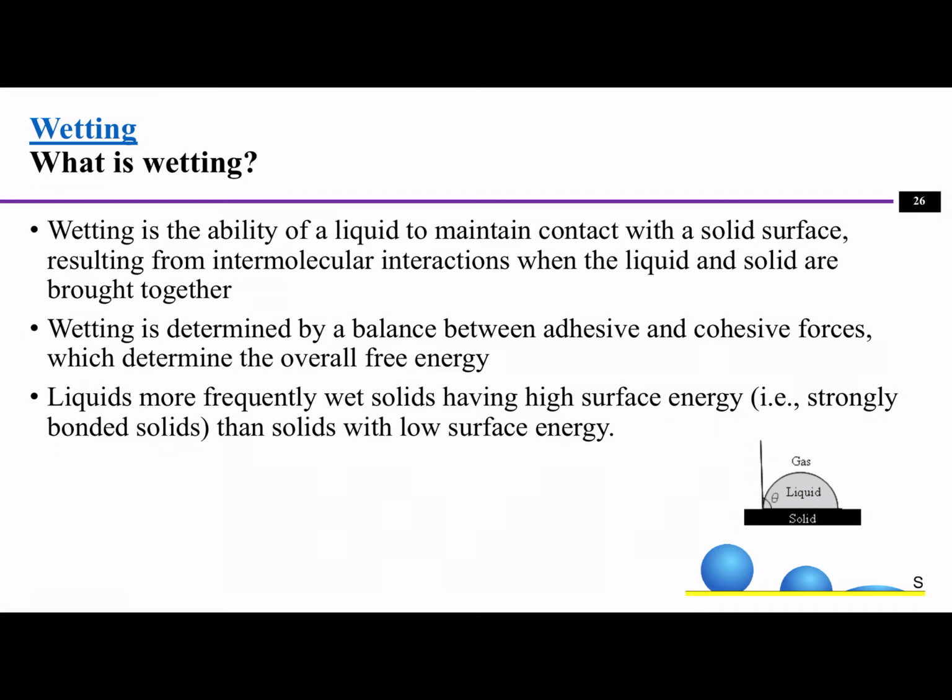Liquids more frequently wet solids when the solids have really high surface energy. What it means is, if the solid has really high surface energy, the liquid will have more wetting compared to some other solid surface materials.